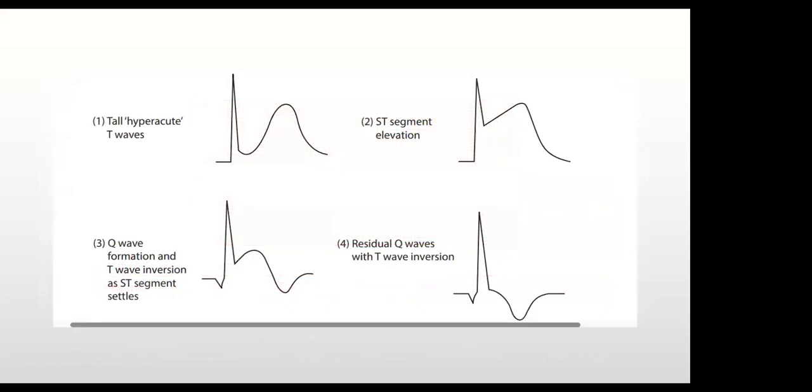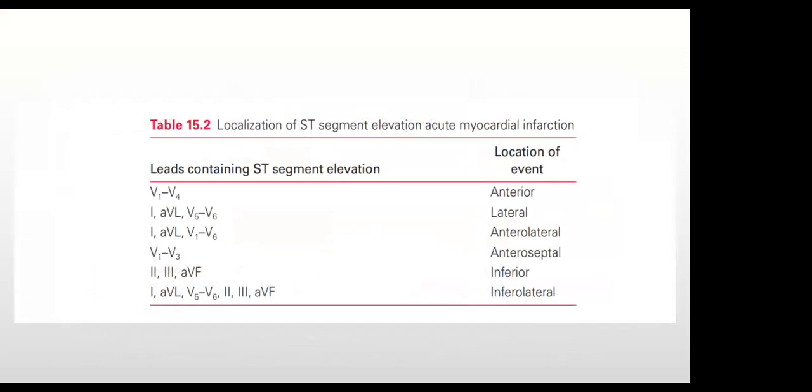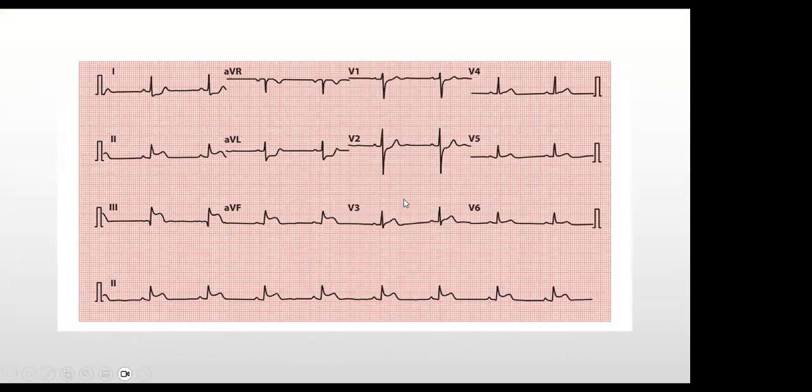Okay, so this is ST segment changes. Let's just discuss this within the next few minutes. So what do you think? Inferior wall STEMI. So what is your evidence? ST elevation in II, III, aVF. Okay. Is there ST segment depression in V2 also?